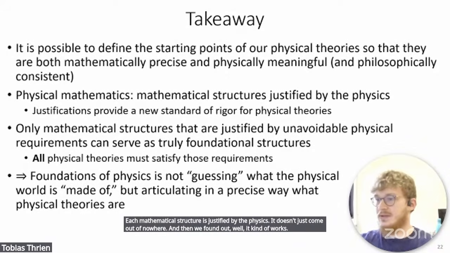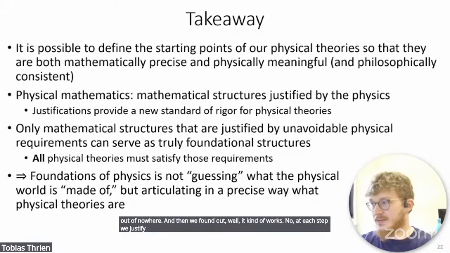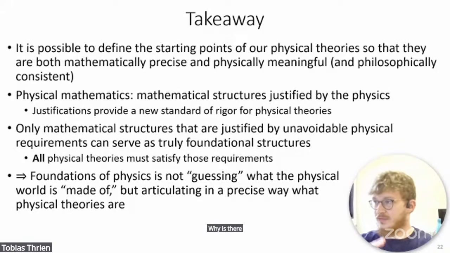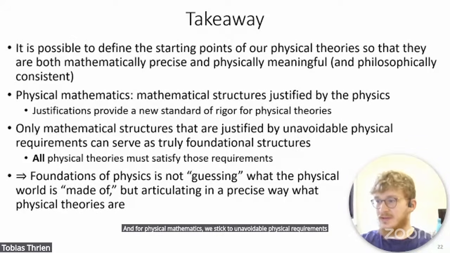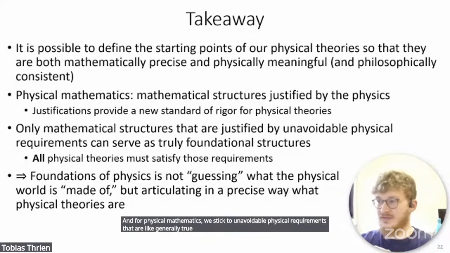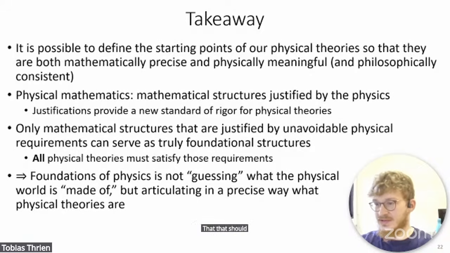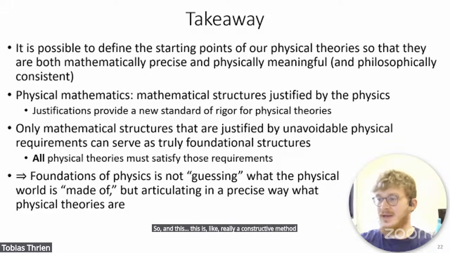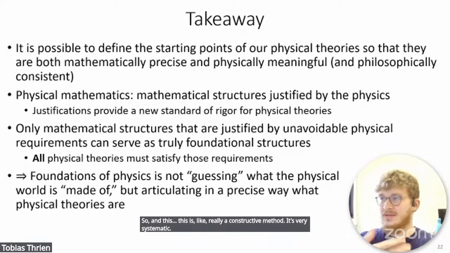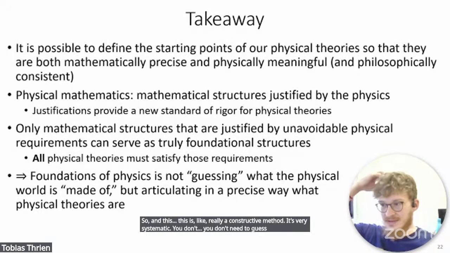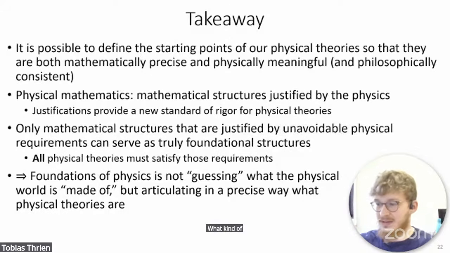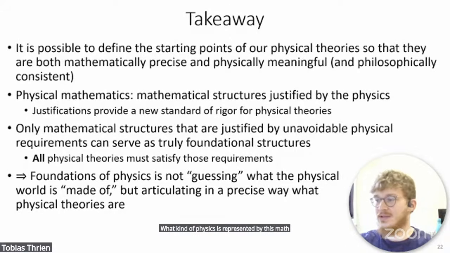No, at each step, we justify why it's there. And for physical mathematics, we stick to unavoidable physical requirements that are generally true because we want to develop the foundational structures that should be developed in all physical theories. And this is really a constructive method. It's very systematic. You don't need to guess what kind of physics is represented by this math. Everything is clearly articulated.